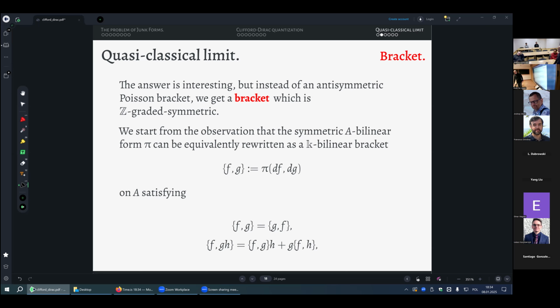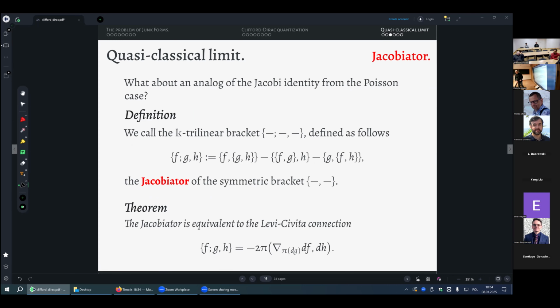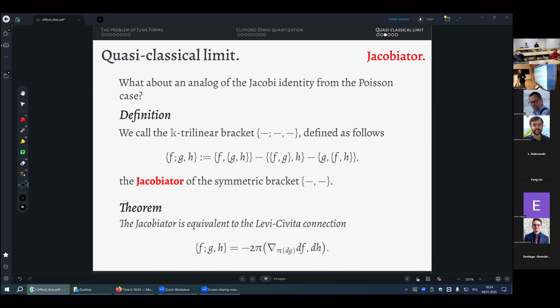And since the Jacobian is not zero, it is not as geometric from the pointwise point of view as symplectic geometry, because of the deviation, which is related to some parallel transport.